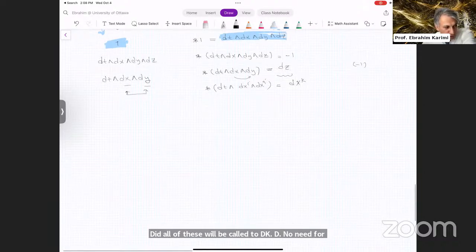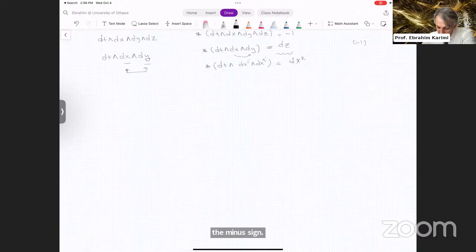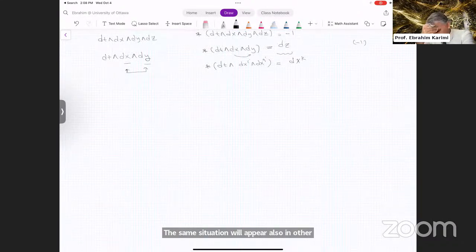The same situation will appear also in other cases, which is going with the permutation of, let's say, dxi, dxj, dxk.